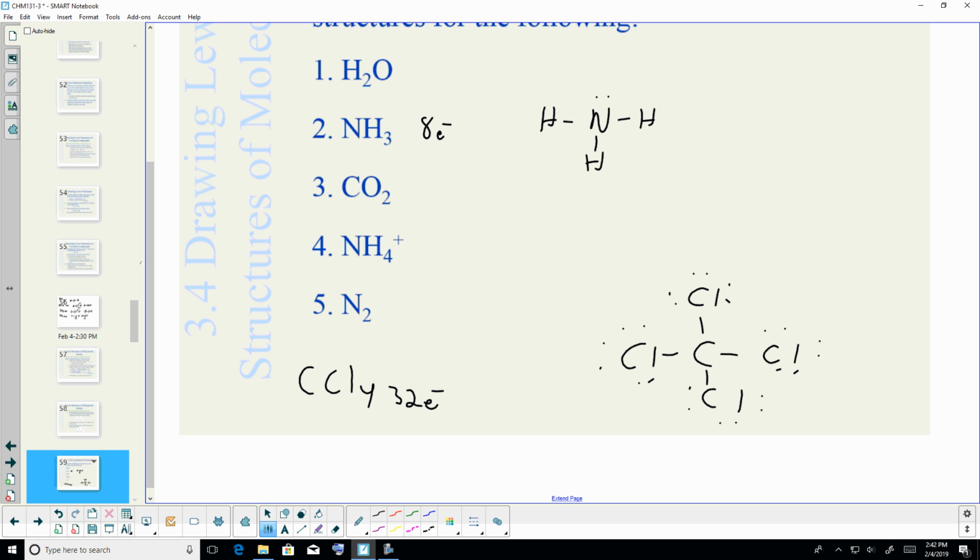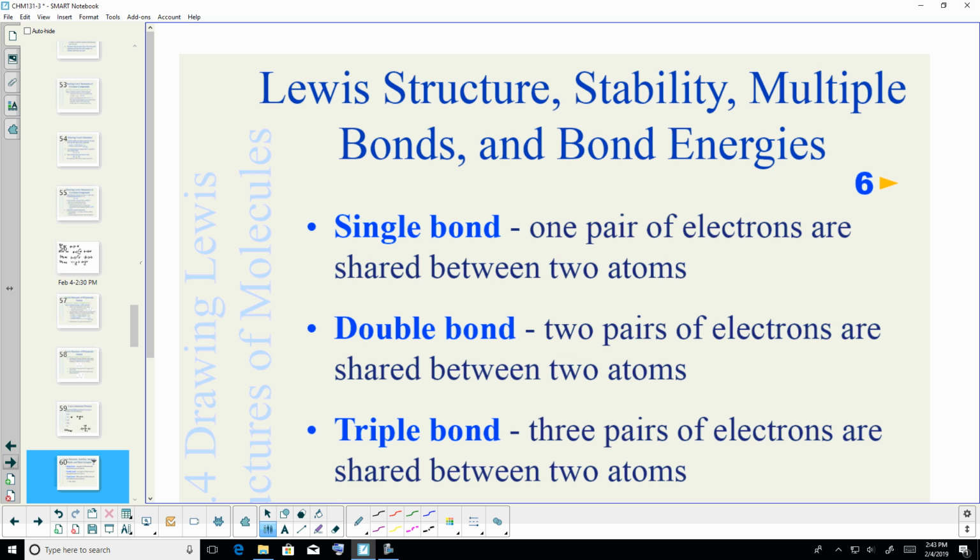You don't have to count. If I have 4 chlorines, each one has 8, it's 32. I've used them all, right? Is everybody happy? Yeah, I'm done. So that's carbon tetrachloride.